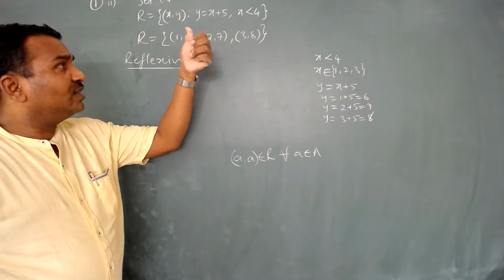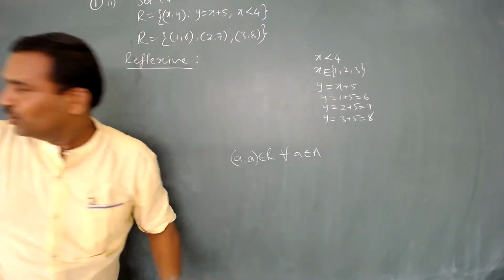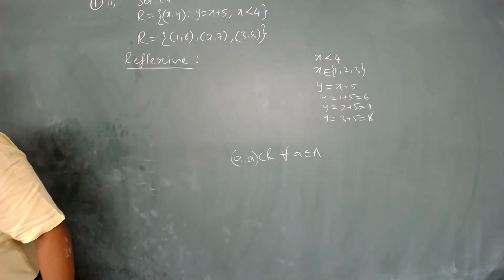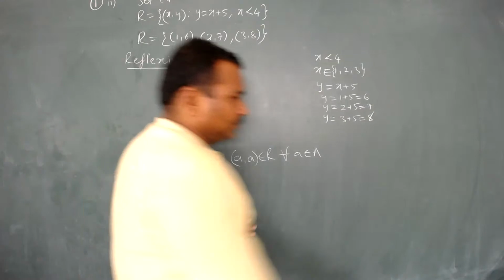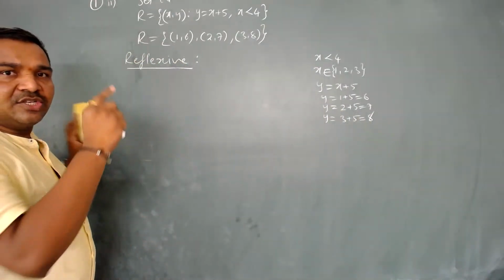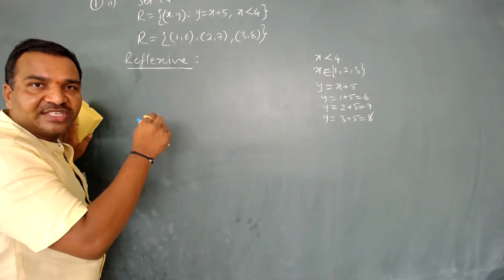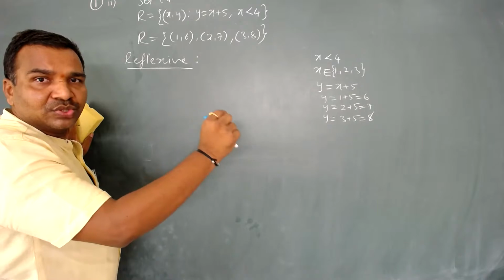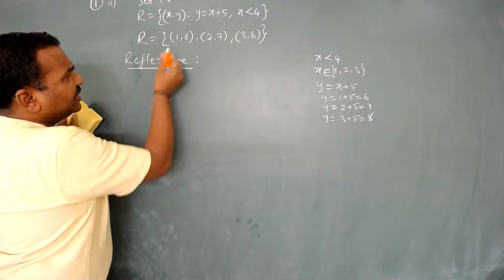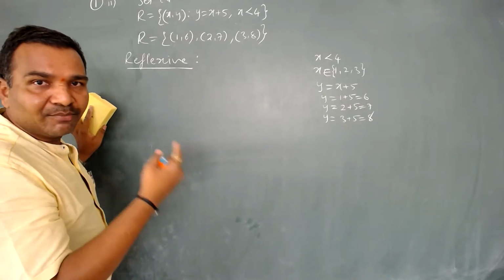But there is no 1, 1, no 2, 2, no 3, 3. If it is not reflexive, we have to give one example.